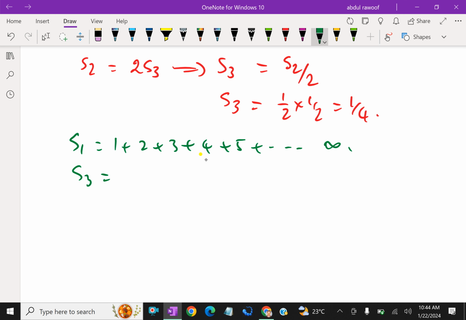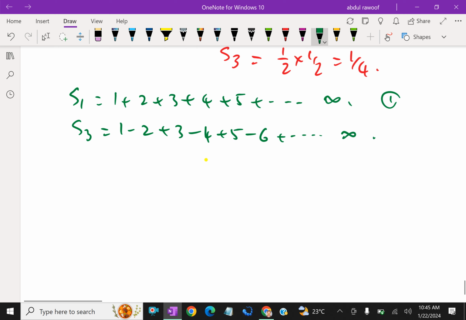S3 is 1 minus 2 plus 3 minus 4 plus 5 minus 6, and it continues.